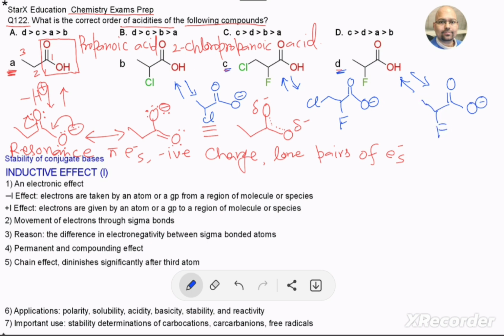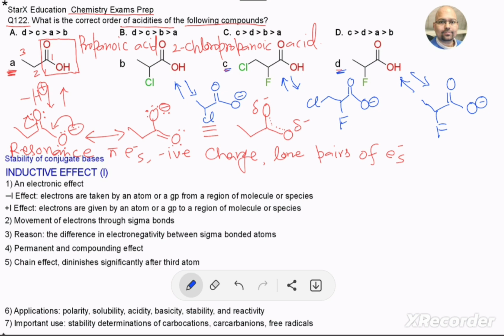Now we have drawn the four conjugate bases. Now we need to see which conjugate base is the most stable and which one is the least stable, and then we can eliminate some choices which would seem right away incorrect.